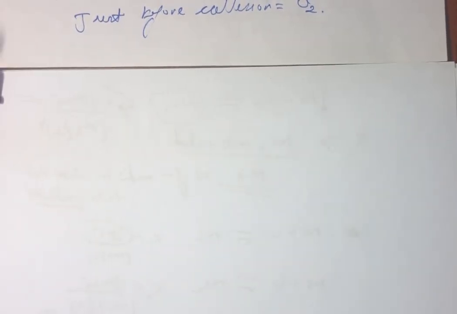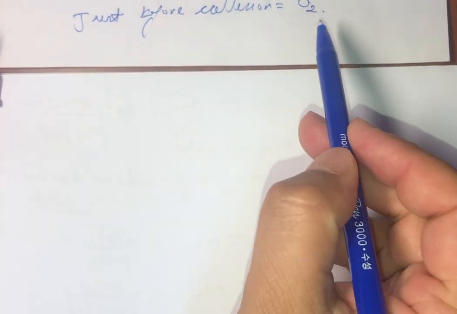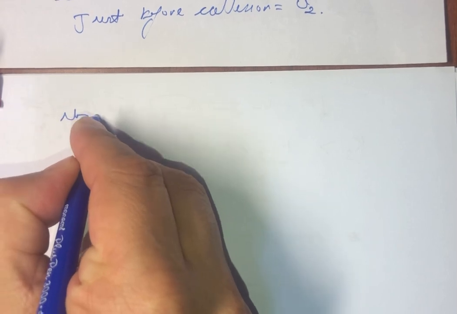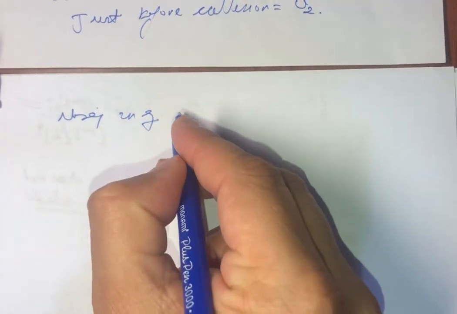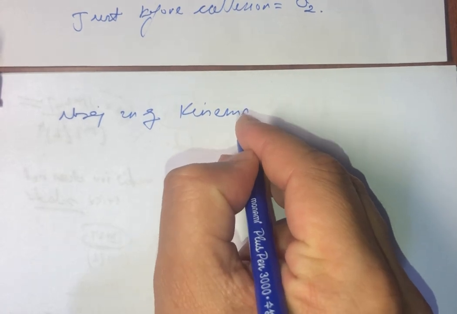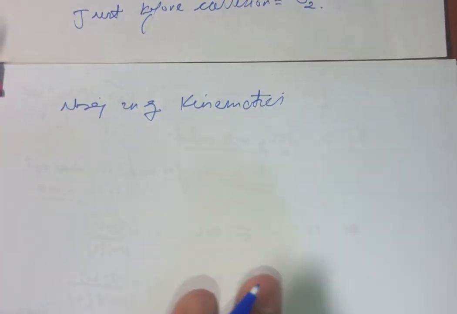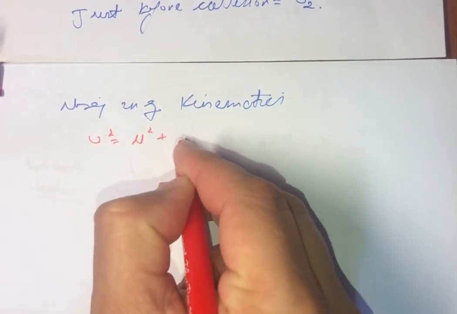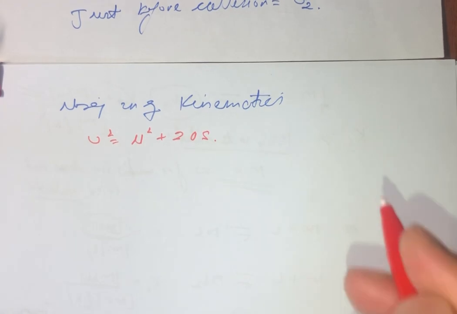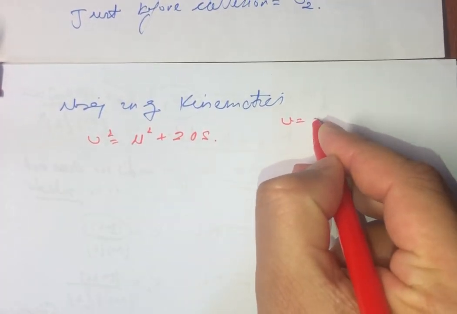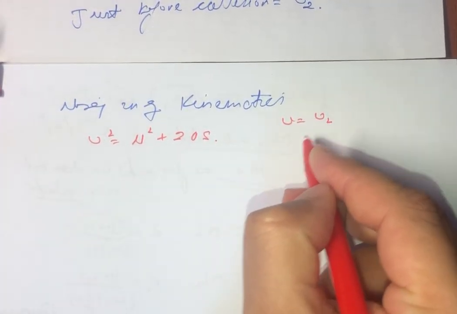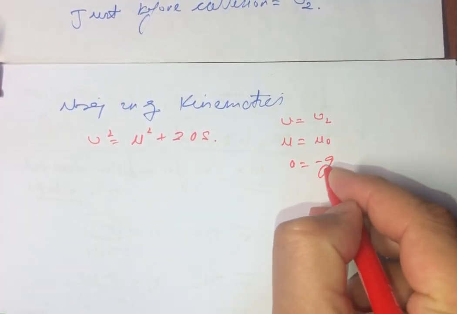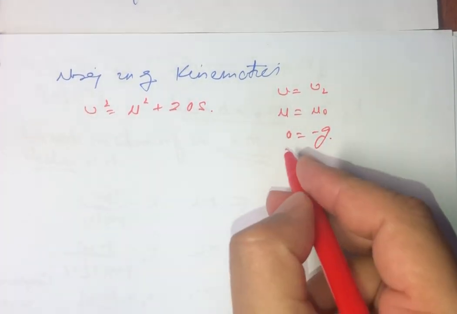So we can use the equation of kinematics and find out the value of V2. V square is equal to u square plus 2as, where V is V2, u is u naught, a is minus g, and s is equal to h max.